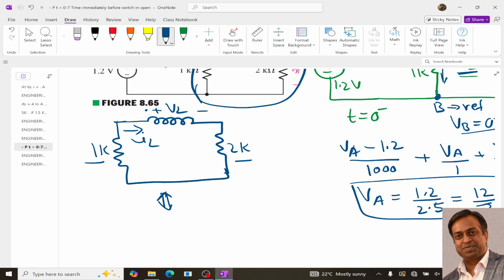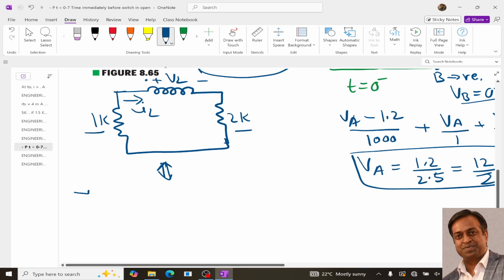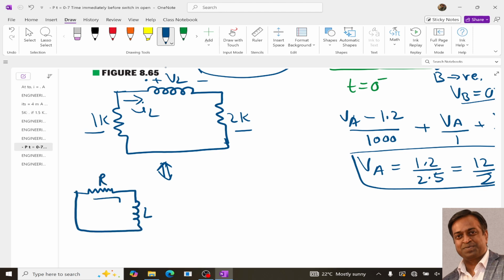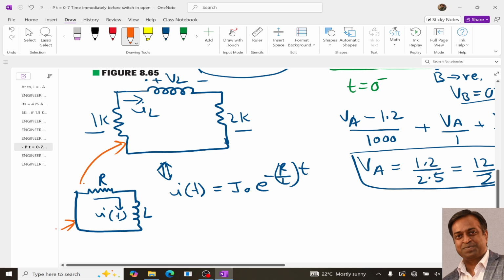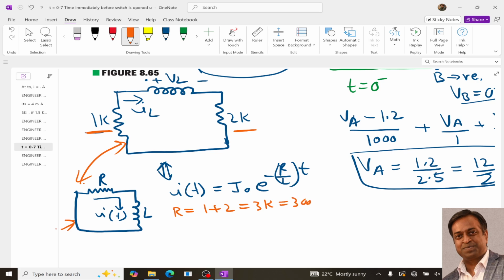Now if I compare this circuit with a general one, R, L, and IT, then the current flowing through the circuit is given as this. Comparing this general circuit with ours, the 1K and 2K are in series, so our R will be 1 plus 2, 3K, or 3000 ohms.